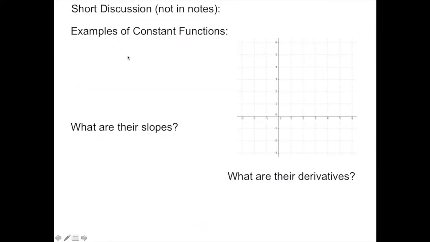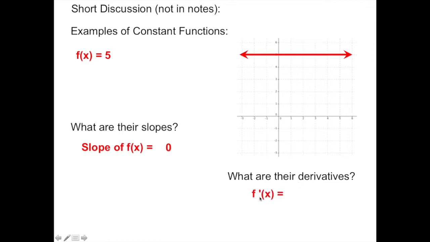Let's get some examples of constant functions here. f of x equals 5, or we could say y equals 5. So f of x equals 5 looks like that. If we think about the slope of this, the slope of the function is 0. When I say slope, you should be thinking derivative. So that means the derivative must equal 0.